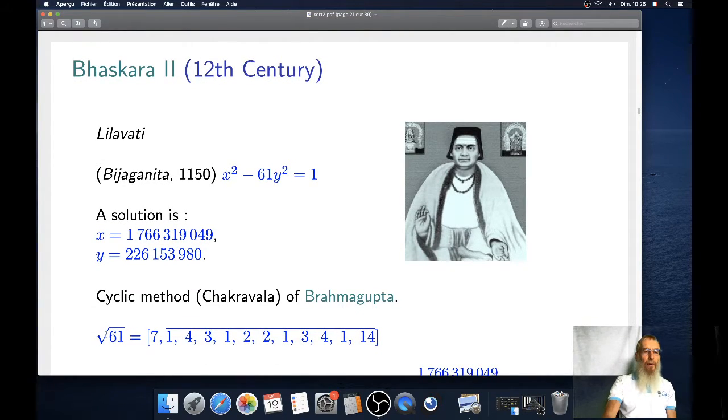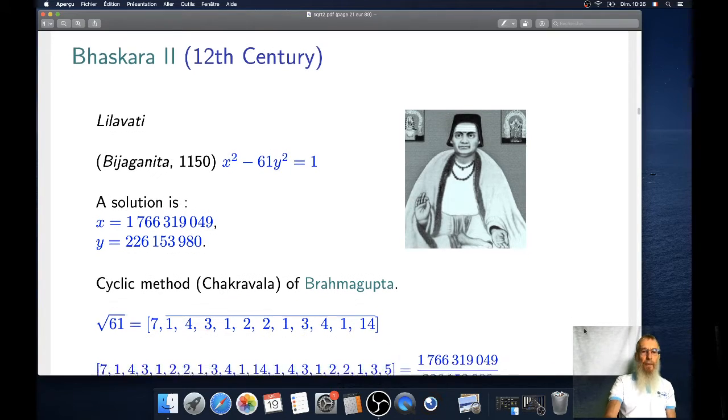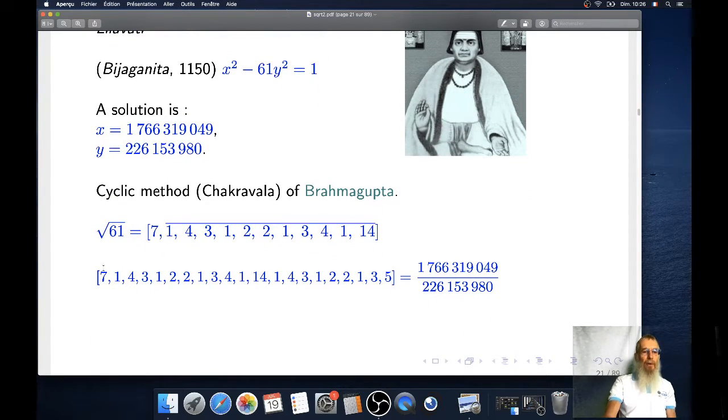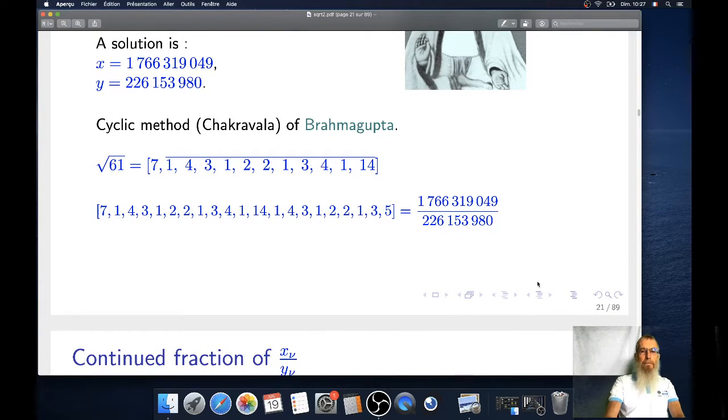He looked at the continued fraction expansion of square root of 61, and using this continued fraction expansion, he found the smallest solution. If you look at the recipe which I gave you with Brahmagupta, you should stop before the 14 and stop here. But if you do that, you find a solution of the equation with minus 1. So it's a little bit more complicated to get the solution with plus 1, and this is the smallest solution.